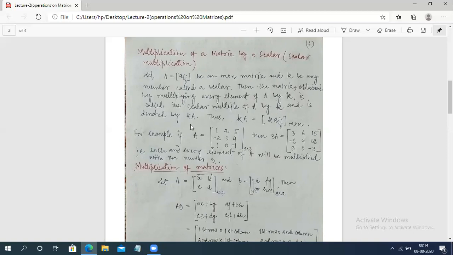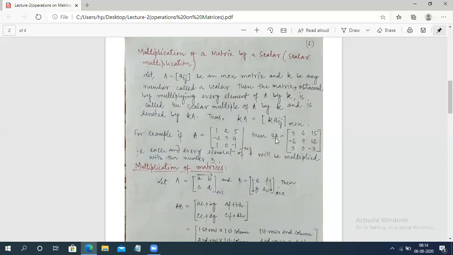It means suppose we have a matrix A of order 3 by 3. Its elements are 1, 2, 5, minus 2, 3, 4 and 1, 0, minus 1. This is a 3 by 3 order square matrix A, and we are going to multiply this matrix with a scalar quantity 3.